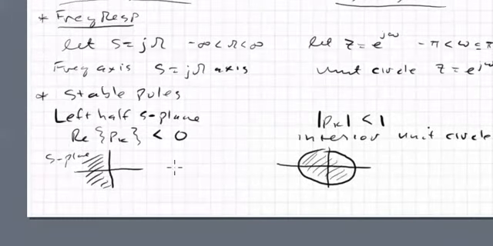Well, if you think about it, this is the j omega axis. This is the frequency axis for continuous time systems, and this is the frequency axis for discrete time systems. There are stable poles on the left half plane, and stable poles in the interior of the circle. What I want you to do is start imagining that when we go from continuous time through an analog to digital converter, the j omega axis wraps around this circle.